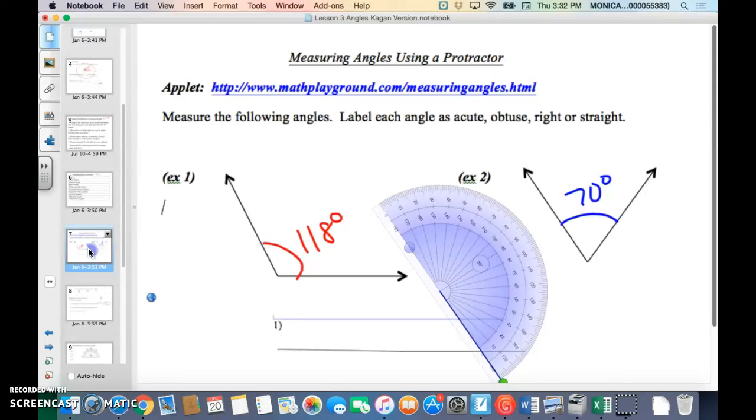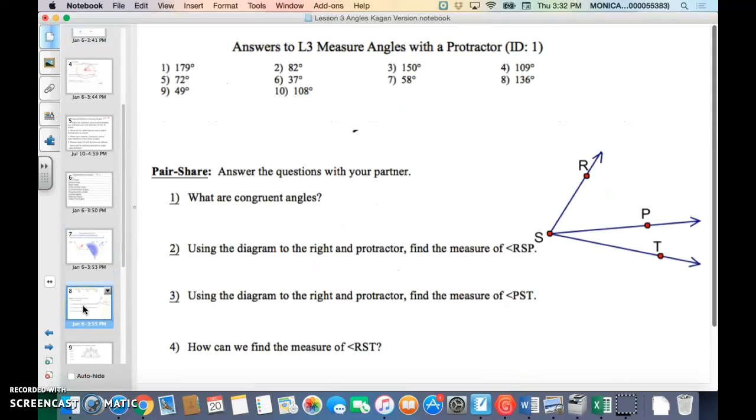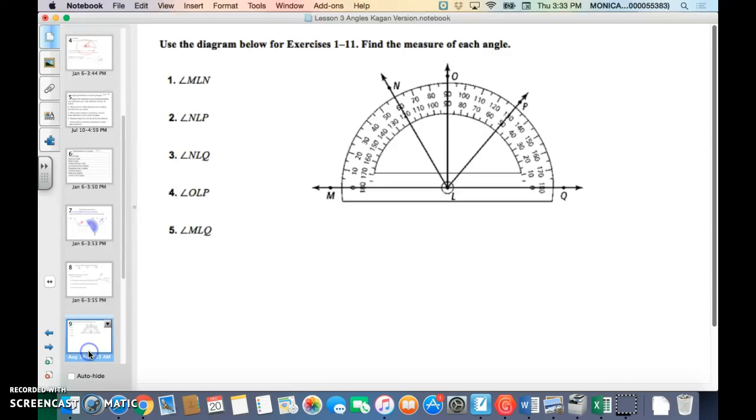So you're going to measure numbers 1 through 10, and then see if you can answer the challenge problem on page 15. Your practice is page 16. So check your answers, and then your practice is page 16.